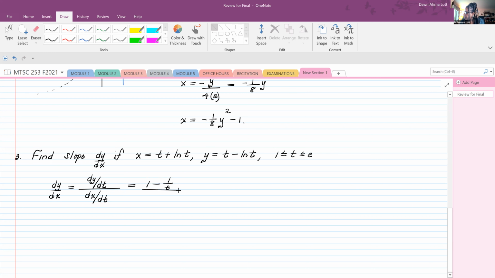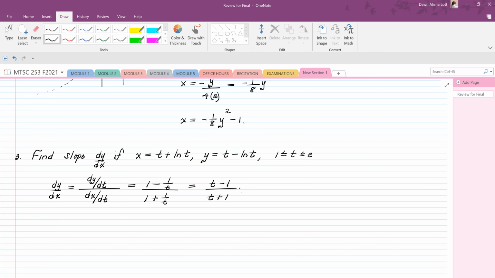And I want to divide that by dx dt, which is 1 plus 1 over t. So if I multiply everything through by t, I get t minus 1 divided by t plus 1. So that's the slope. Oh, that's it? Wow. Yeah, that's it. Thank you.